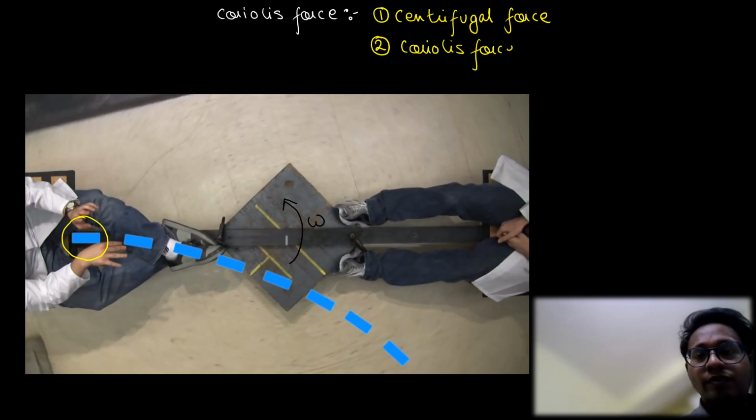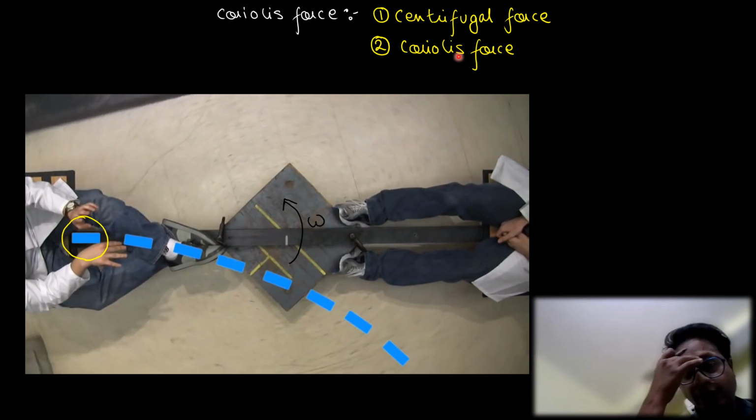If I observe out here, my camera is rotating, no? So any object that the camera sees will experience two forces. First one is the centrifugal force, the second one is the Coriolis force.